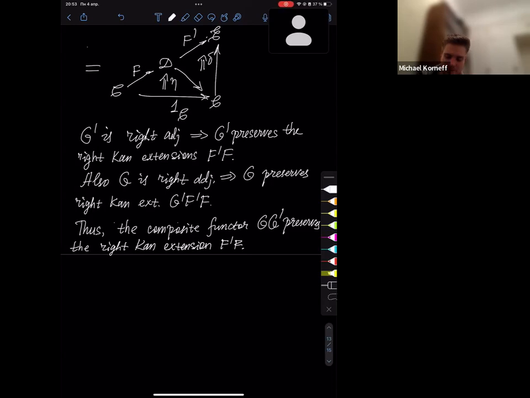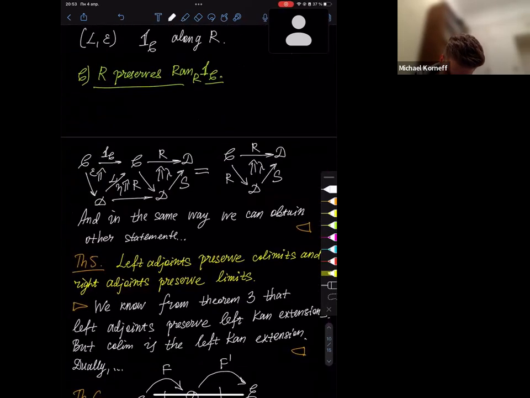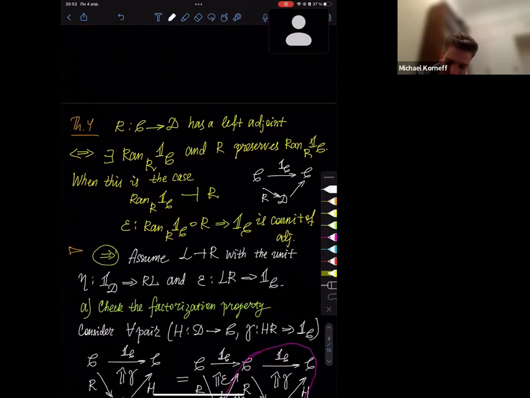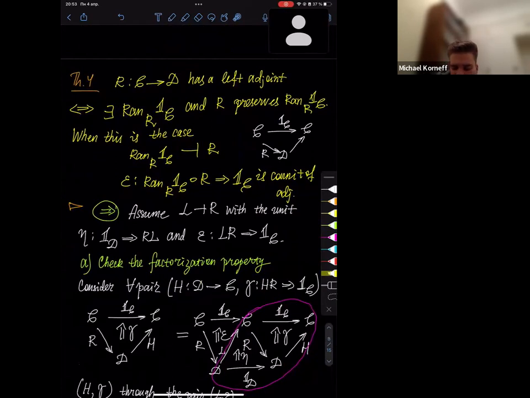And now we can use theorem number 4. We have verified the conditions of this theorem, we have shown that there is this functor, and the composition of functors preserves right Kan extension of.